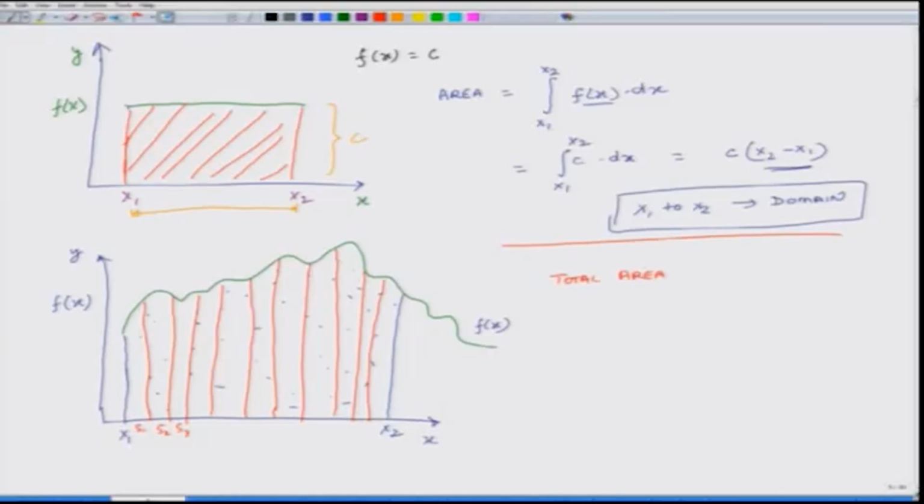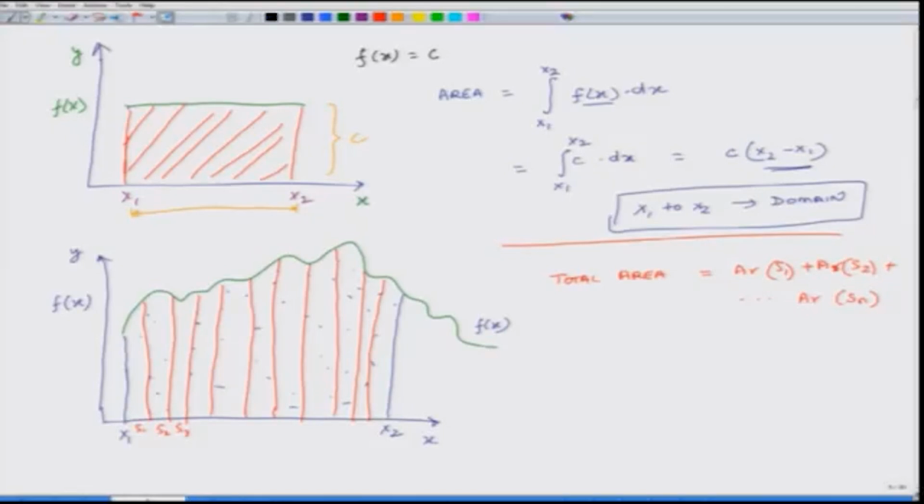Here also our domain is x1 to x2, it is a one dimensional domain. Total area will be area of S1 plus area of S2 plus area of Sn. So, suppose I break it up into n slices, then the total area will be the sum of the areas of each individual slice. Now, if I have a way to figure out what is the area of each slice, then I can calculate this. So, what is the area of first slice?